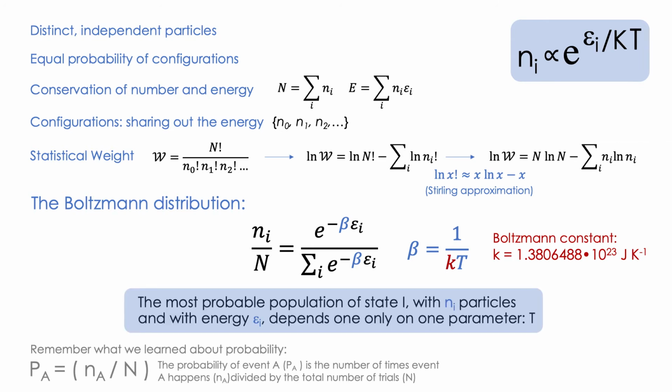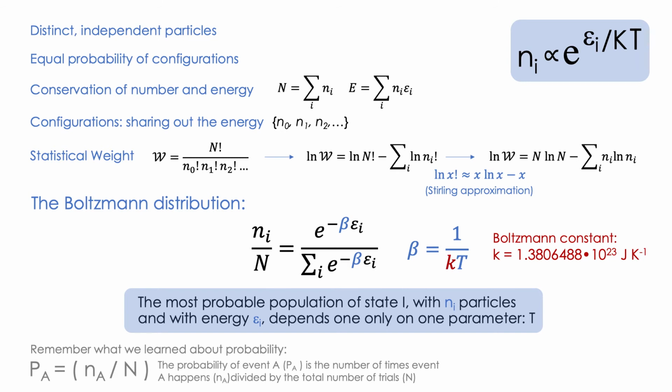And this is the most important take-home message of today's lecture. The most probable population of state i, with N sub i particles and with energy E sub i, depends only on one parameter, which is the temperature.